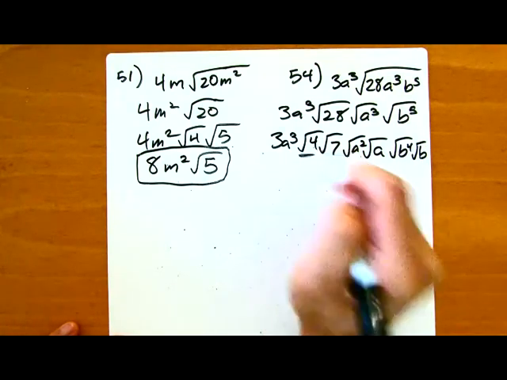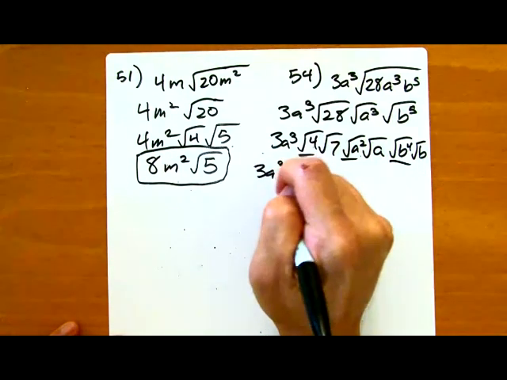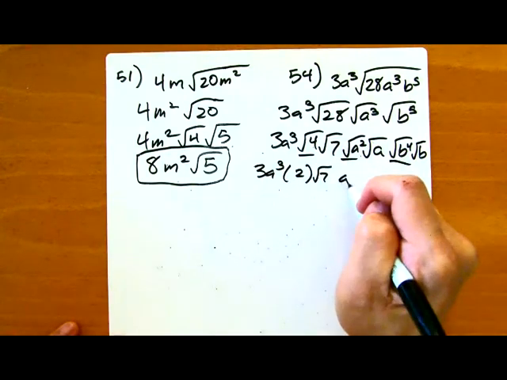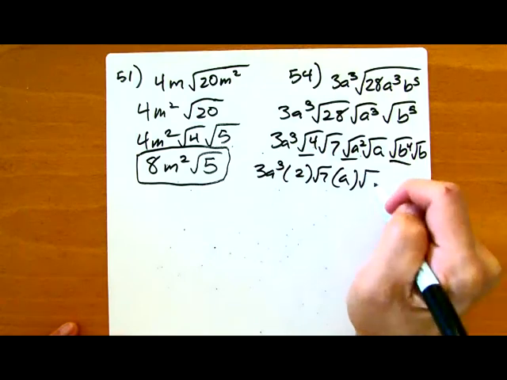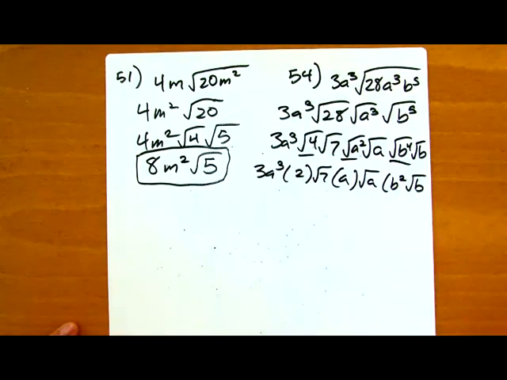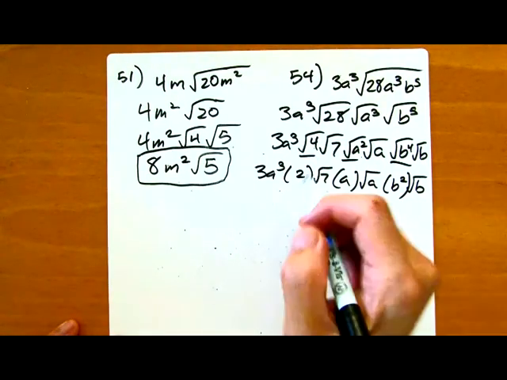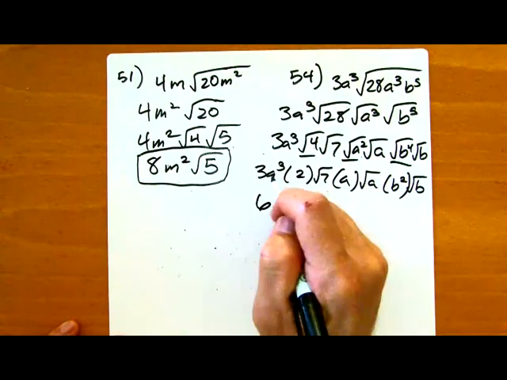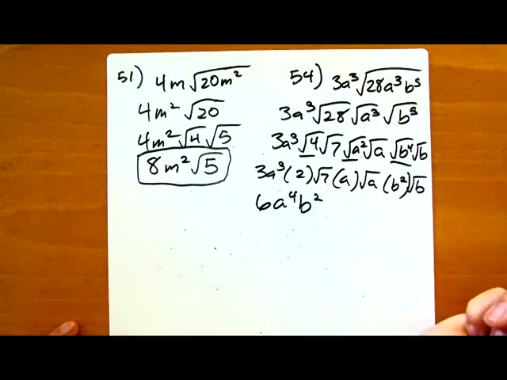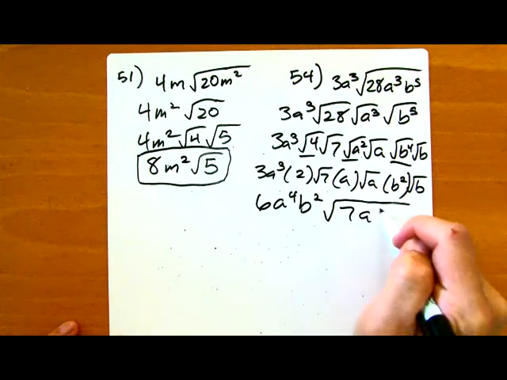Okay, so we can square root each of these. 3a to the third, 2 radical 7, a radical a, b squared radical b. Okay, 3 times 2 is 6, a to the third, and another a is a to the fourth, b to the second, and there's still a 7, an a, and a b under the radical.